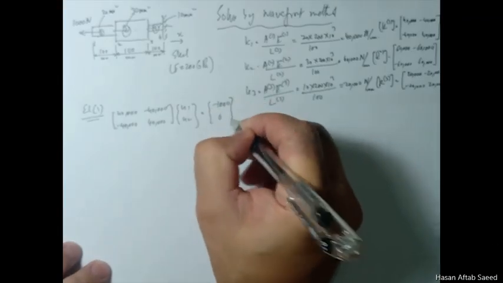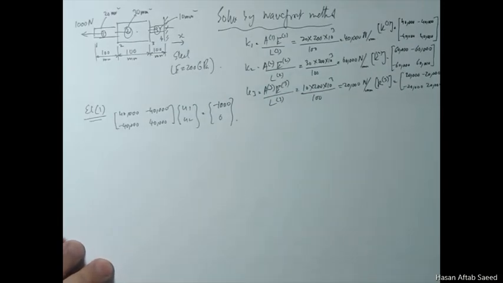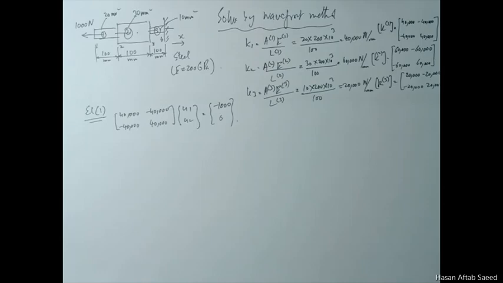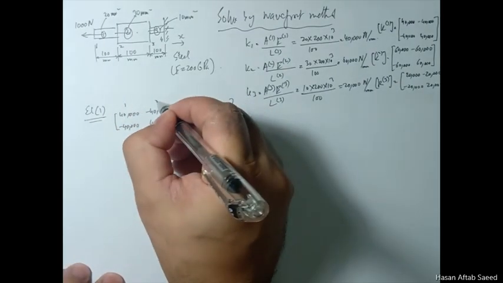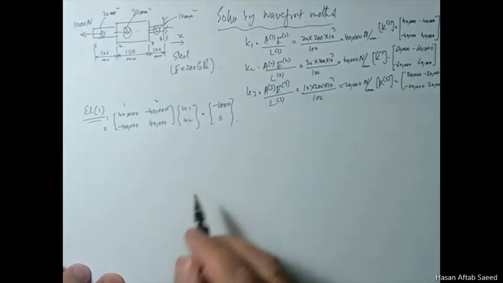Here you have 0. Just to locate, this is degree of freedom 1, 2.